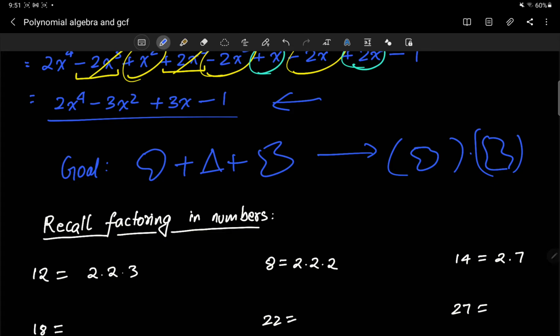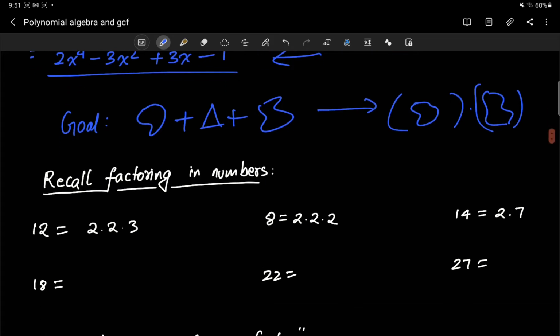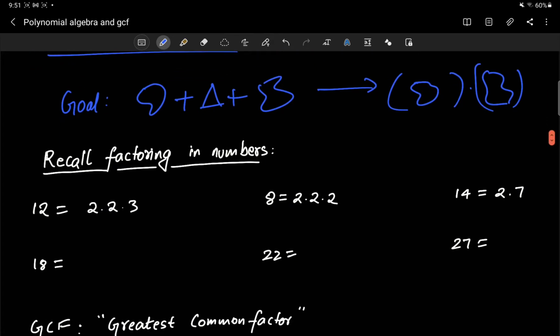So the motivation for this comes from numbers. Numbers can be factored down into prime numbers, meaning any number can be written as a product of small numbers which are prime.